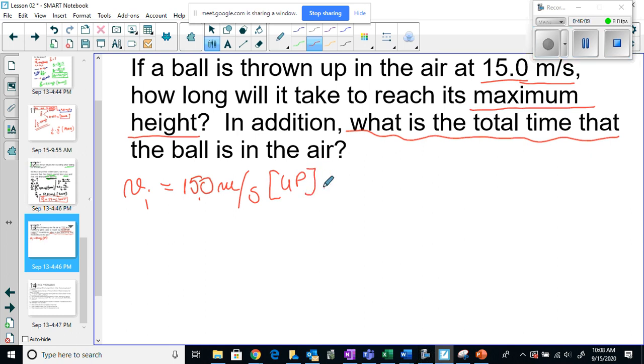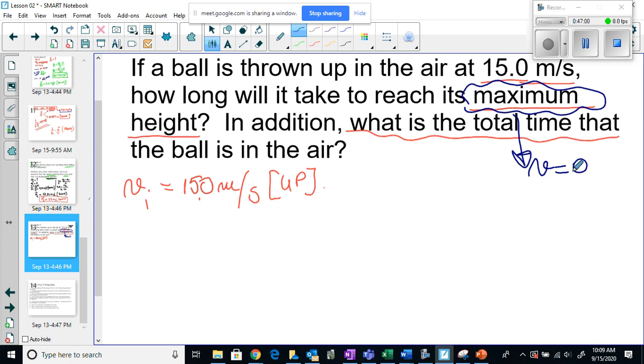Now, we will talk deeply about this when we go to projectile motion, but when we see that the object is reaching the maximum height, that means that the object doesn't have any more speed or velocity in that direction. So at maximum height, the velocity is equal to 0.